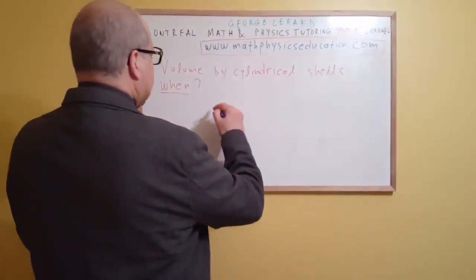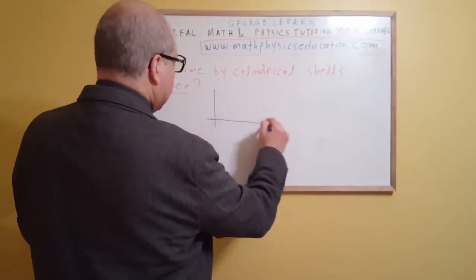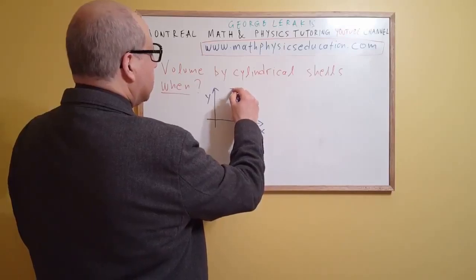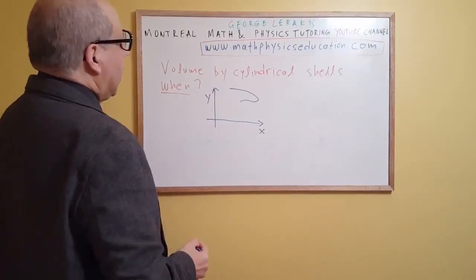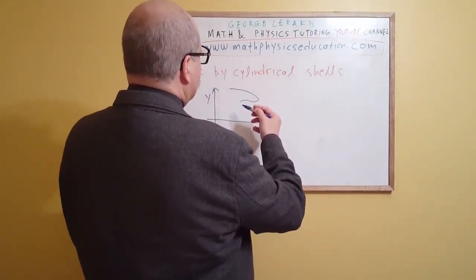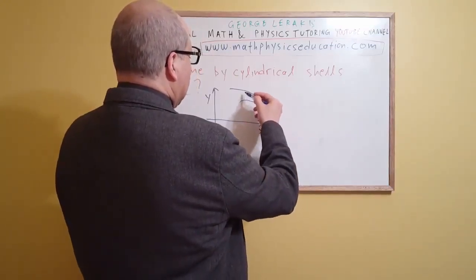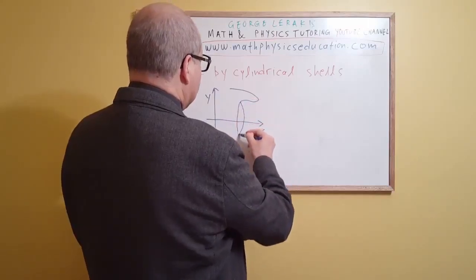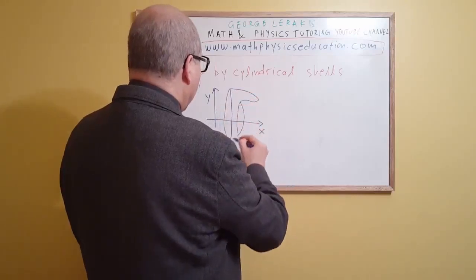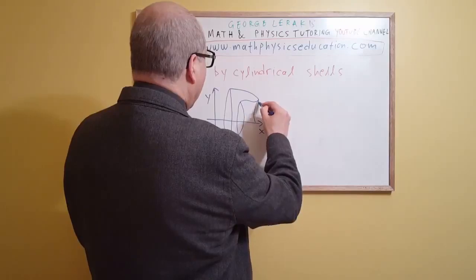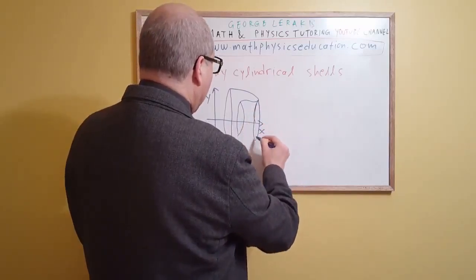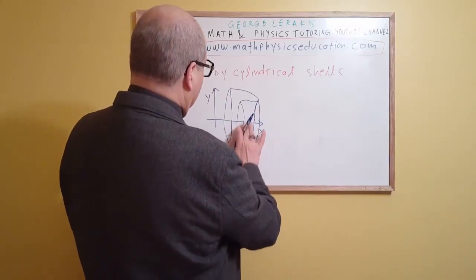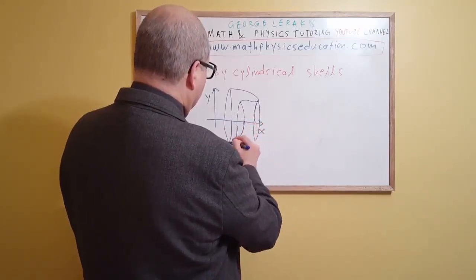Let's say, again, this is the Cartesian plane, and you have a graph of a function which goes something like this, and you want to find the volume when you rotate this around the x-axis. Approximately it will be something like this.